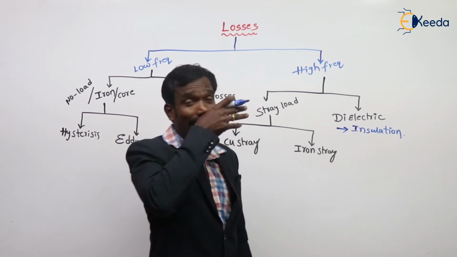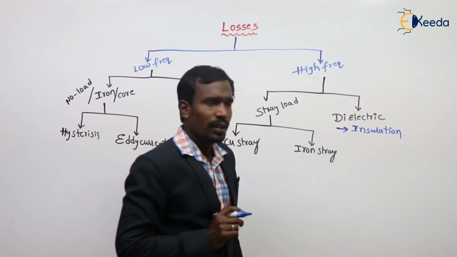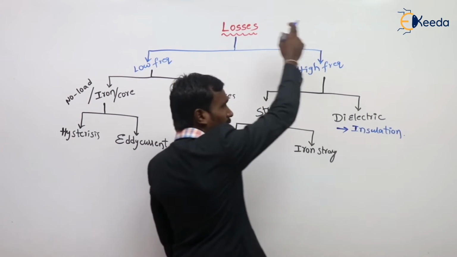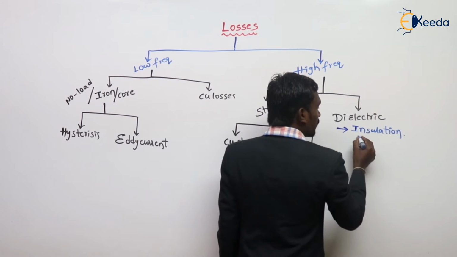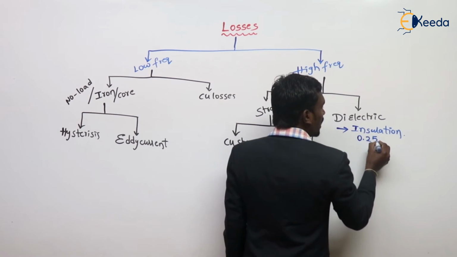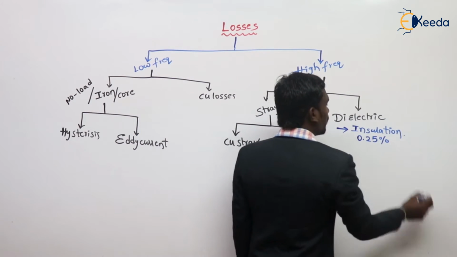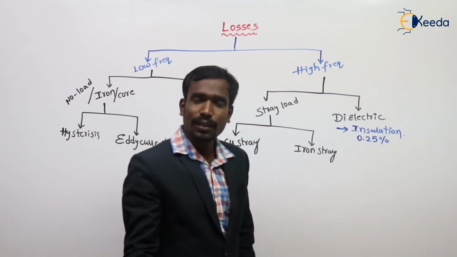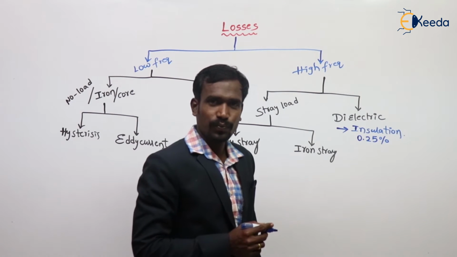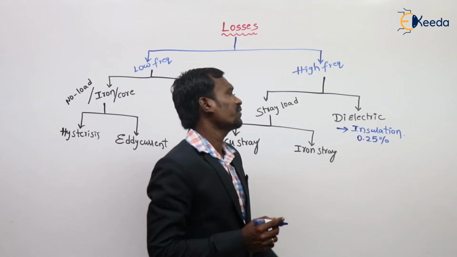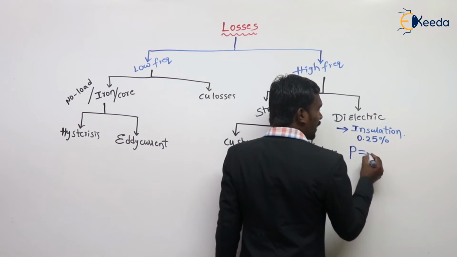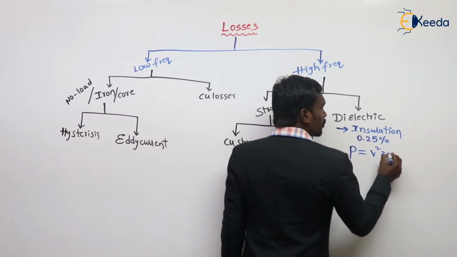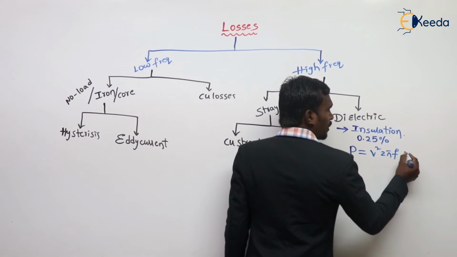Those are called dielectric losses. The percentage of dielectric losses out of total losses is just 0.25% only, not even 1%.